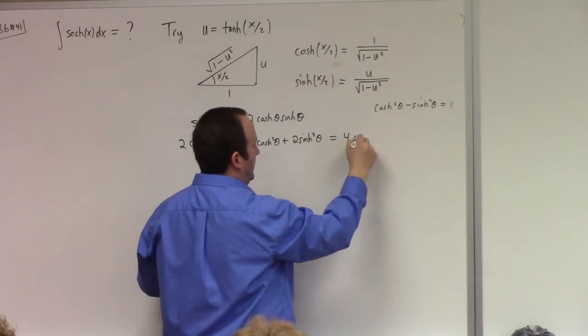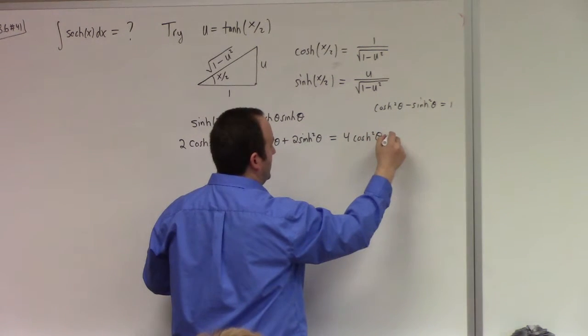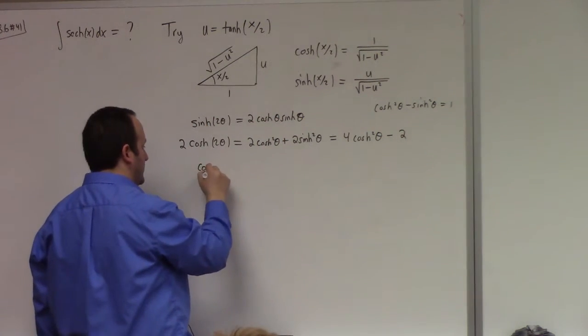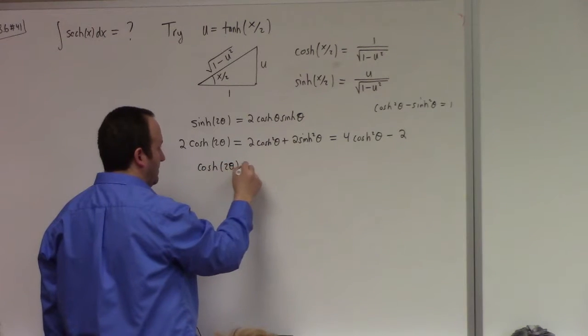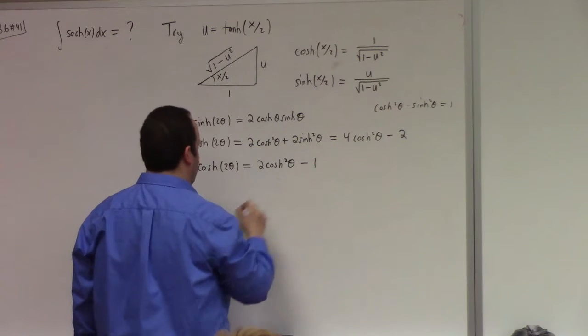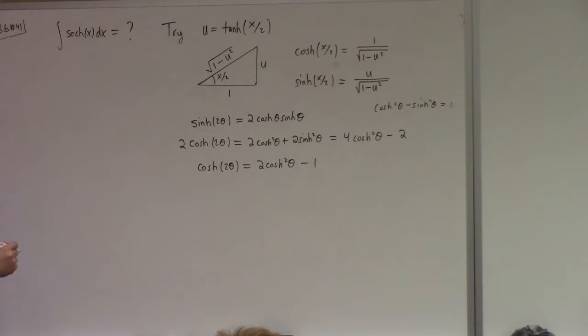This is really 4 cosh squared theta minus 2. Okay. Anyway, getting to the point, and you guys tell me if I'm wrong. Is that correct? Yeah. You guys got to keep me on the straight and narrow here.